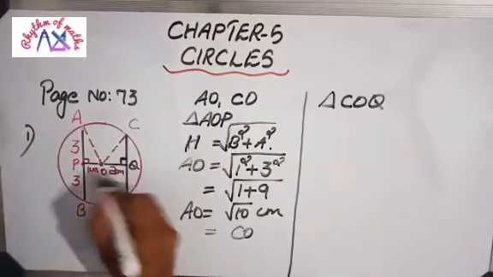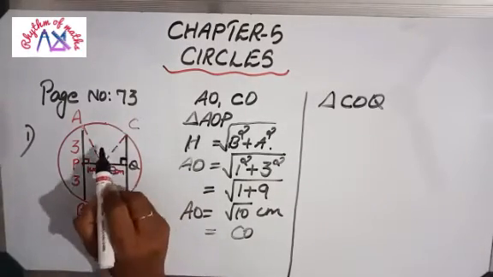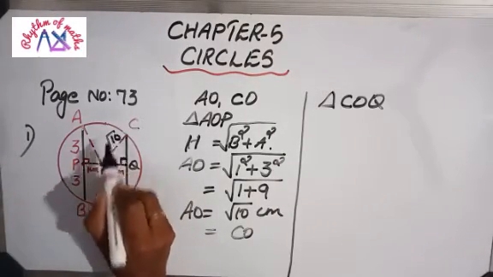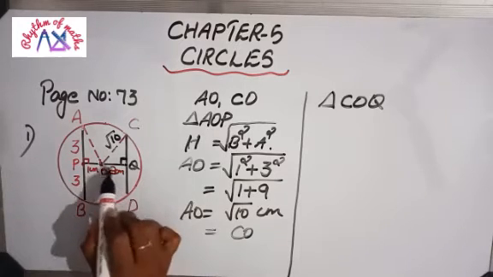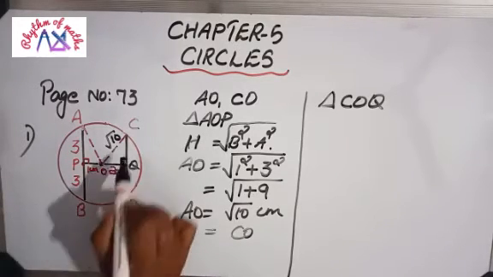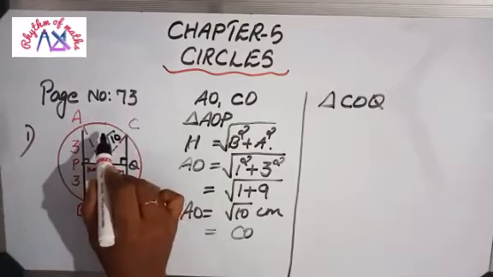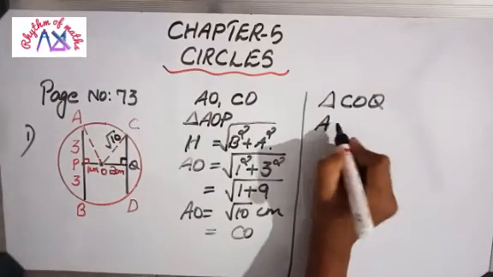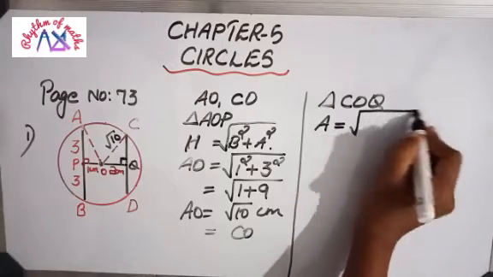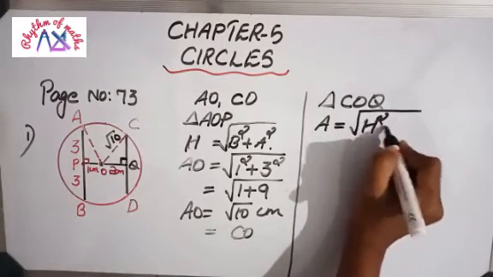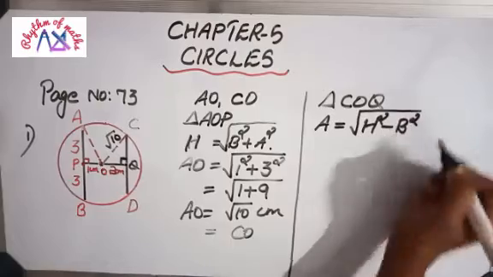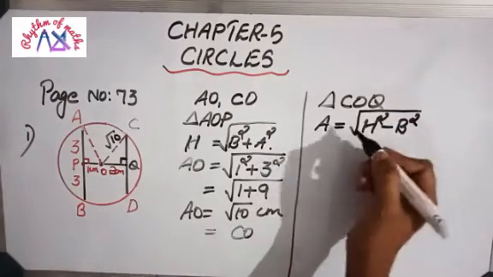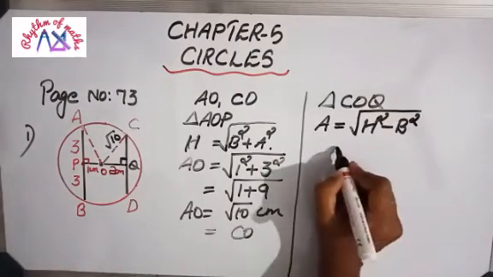Here hypotenuse we have, that is root 10, and OQ is the base. So the missing one is the altitude. The equation is altitude equal to root of hypotenuse square minus base square. This is the Pythagoras theorem.